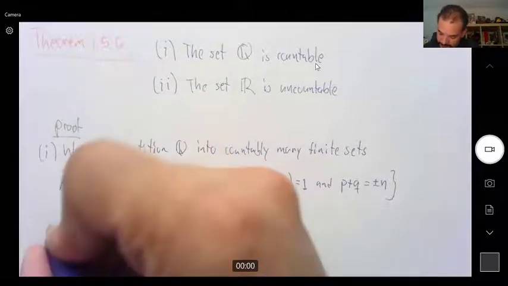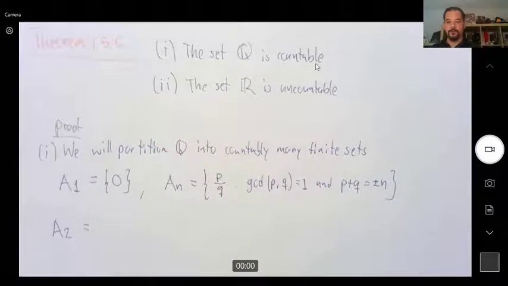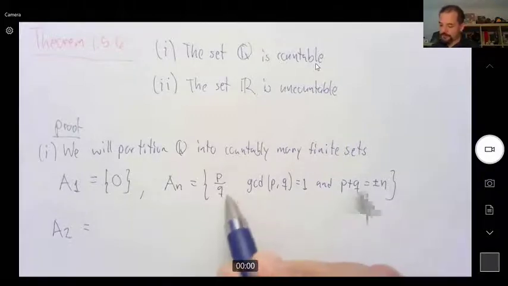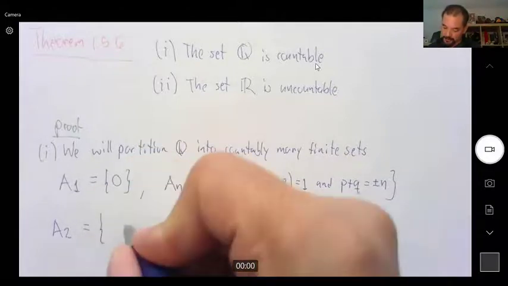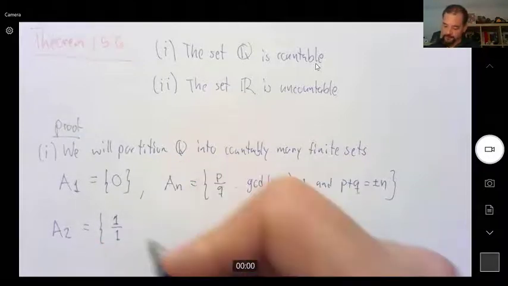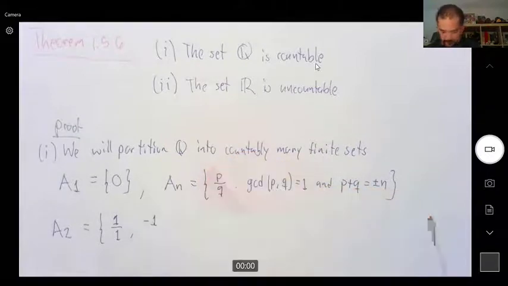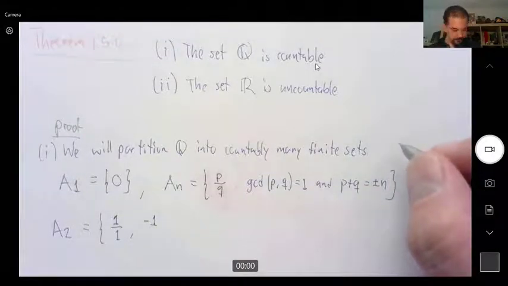Now let's try to make sense of this definition, starting with the easiest of them all. So what would be A sub 2? We need numbers that when you add them together, the P and the Q, you get 2 or negative 2. Well, these numbers have to be integers, so there's only two choices. Either 1 divided by 1, or negative 1 divided by... I'm not doing this right.